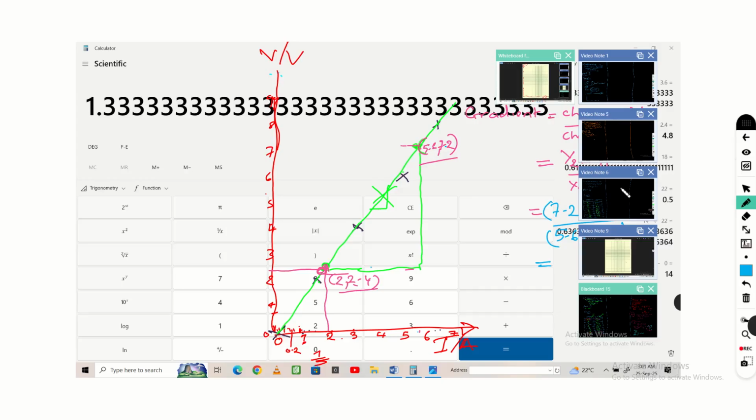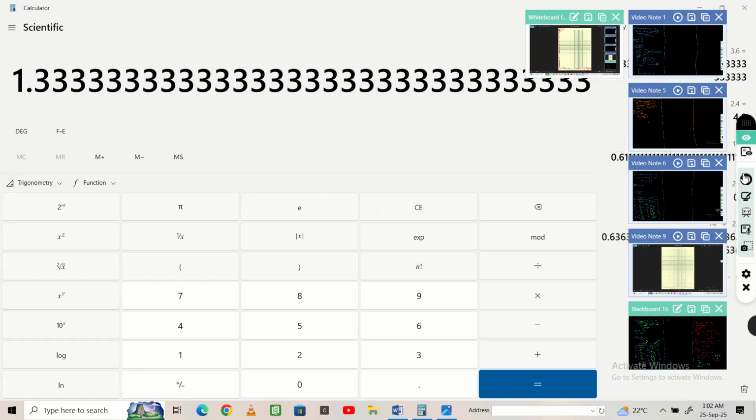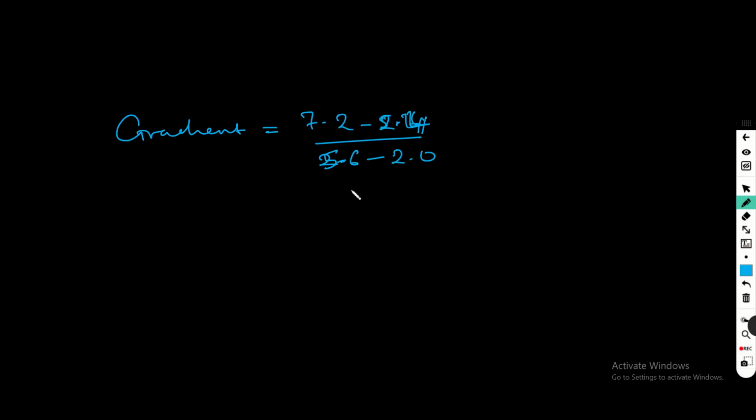So we are having, I said the gradient was, we have 7.2 minus 2.4 divided by 5.6 minus 2.0. So we said we do this calculation.